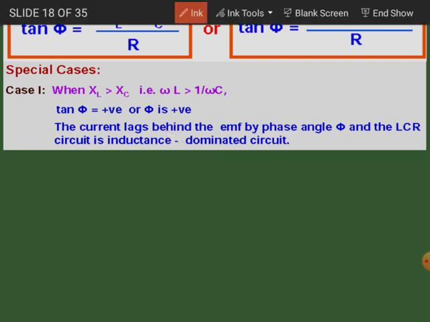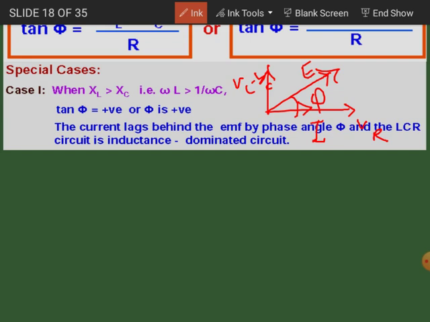Now what was the diagram that we have drawn in the phasor diagram? It was like this: current along here and VL minus VC like this, VR here, and your E, the instantaneous EMF, was here as a resultant in this direction, and this phi was like this, right?